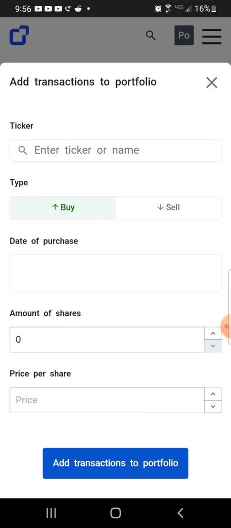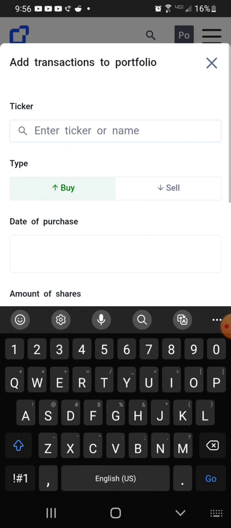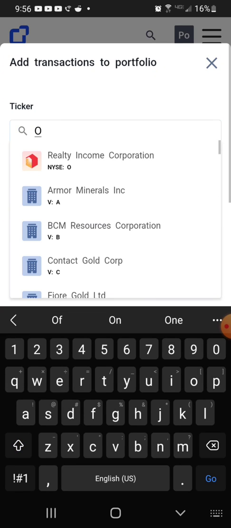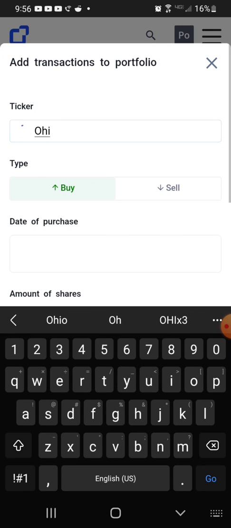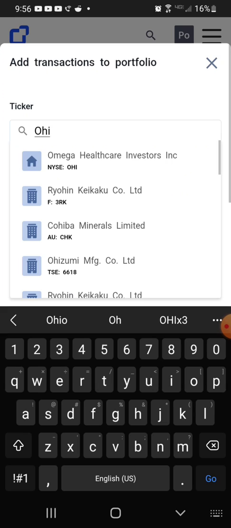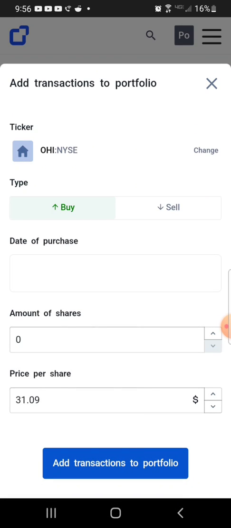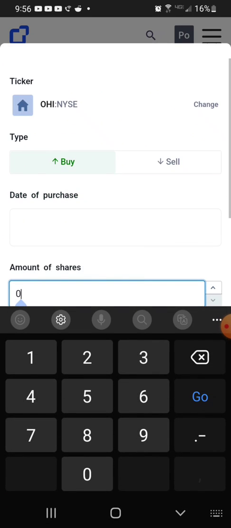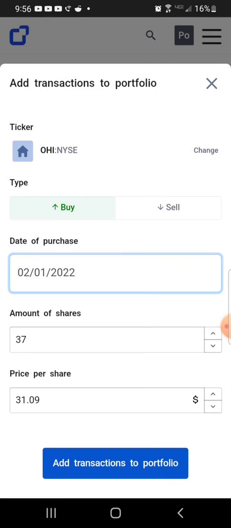All of these last three REITs are high yield. We got Omega Healthcare. I'm pretty sure you guys have heard about Omega Healthcare. If you haven't, I'm about to put you on game, because Omega Healthcare is an awesome REIT and I like what it does. All right, we're gonna add transaction.